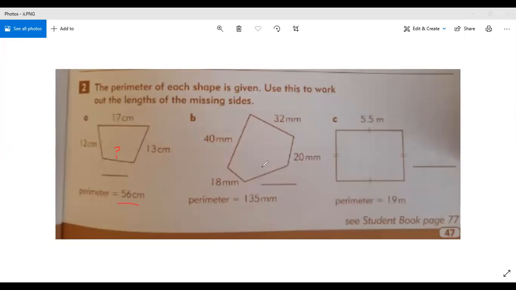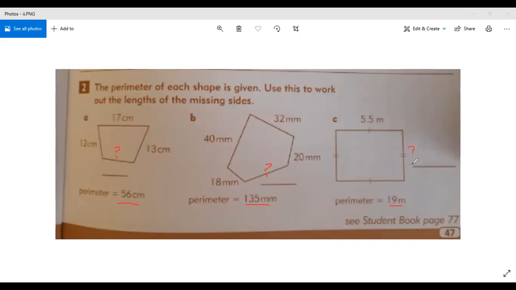Missing side, and perimeter is given. It says here, this is a rectangle. So this one is 5.5 and the opposite side is equal. And these two are also equal. What will be the missing width?